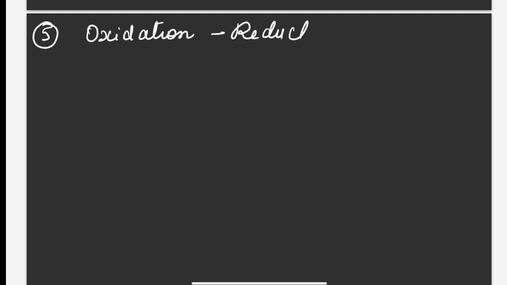So we will go for the fifth type of reaction, which is very simple. This is called oxidation and reduction reaction. First, let us see what oxidation is. Oxidation is nothing but addition of oxygen.